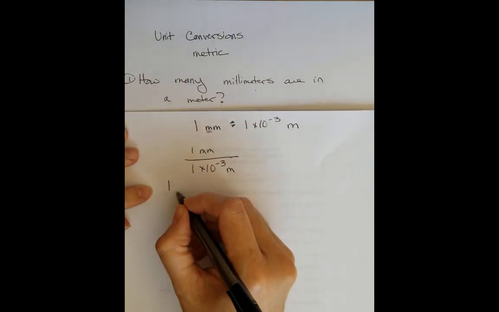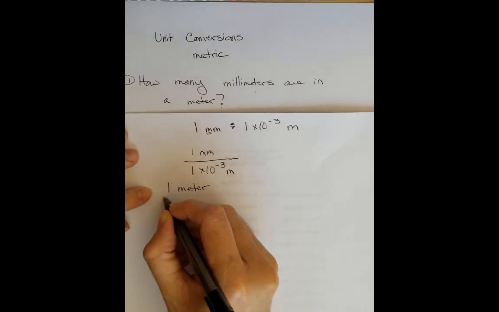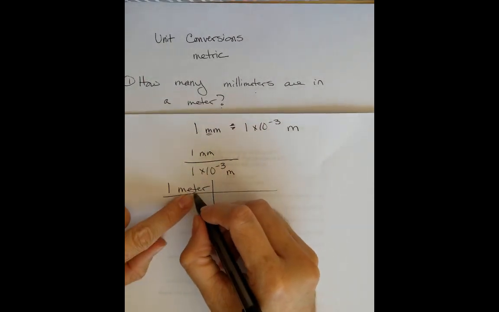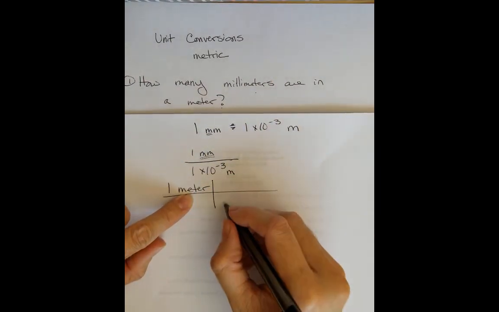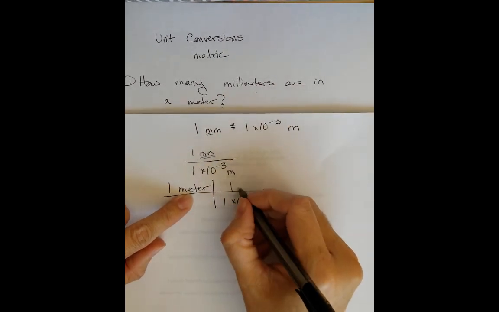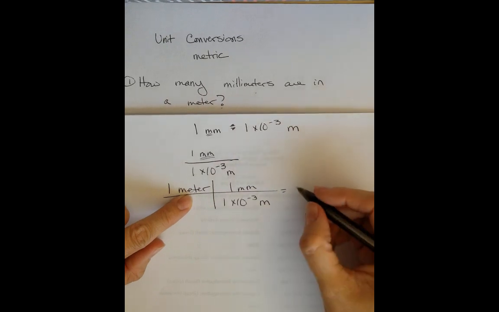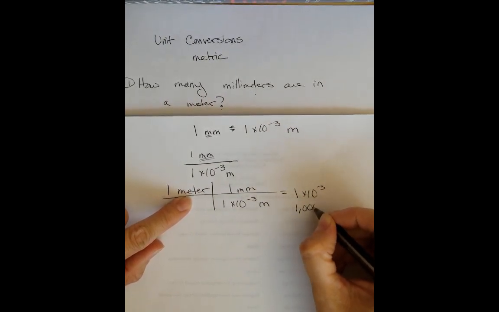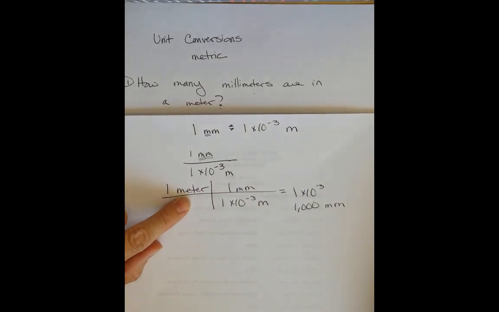So I can take my given, my 1 meter, and then I'm going to use my ratio. So I want my meters to cancel because I only want to be left with millimeters. So I'm taking my 1 times 10 to the negative 3 meters in 1 millimeter. And what I'm going to get from that is 1 times 10 to the third, or 1,000 millimeters.